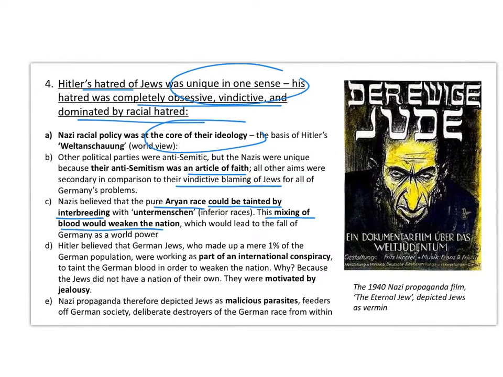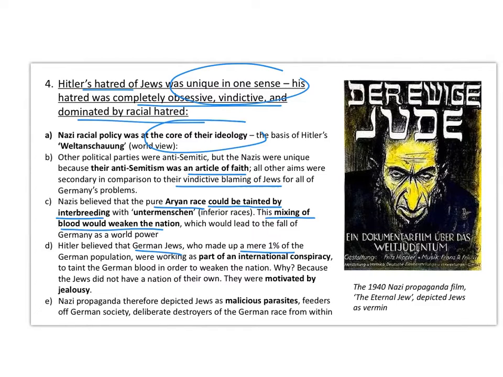Okay, so Hitler believed that the German Jews, who made up a mere 1%, were a key part of the weakening of the German nation, because every time a German Jew had sex with a non-German Jew, the child that was produced was weakening the German bloodline.